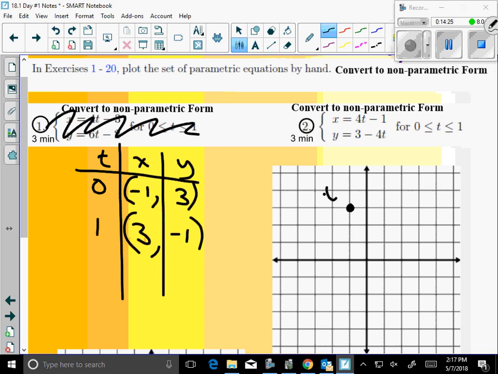That would be where t equals 0, and 3, -1, right there. So I get this line, and its direction would go like this. There's my Cartesian graph, in terms of x and y with respect to t.